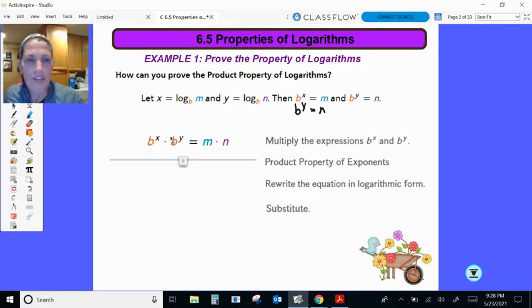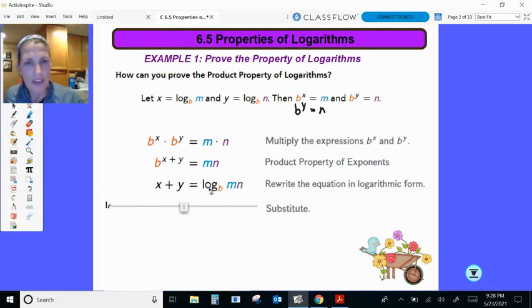Then we're going to use our property of exponents right here. So remember, if we have base to a power times base to a power, we add those powers. So we end up with b to the x plus y equals m times n, okay? Now we're going to take this expression and write it as a logarithm because we have exponents up here, right? So we're going to have log base b of m times n equals our exponent, x plus y, okay?